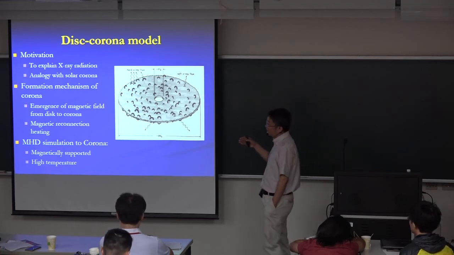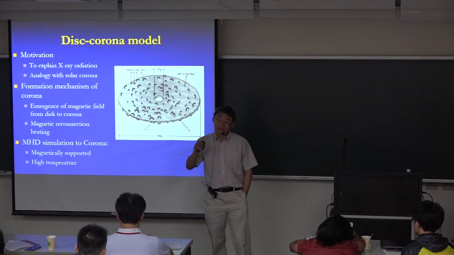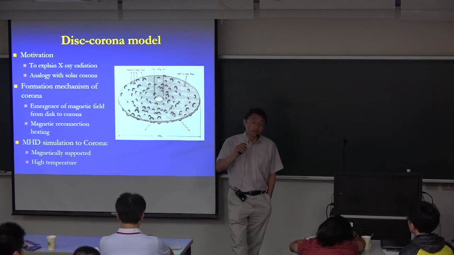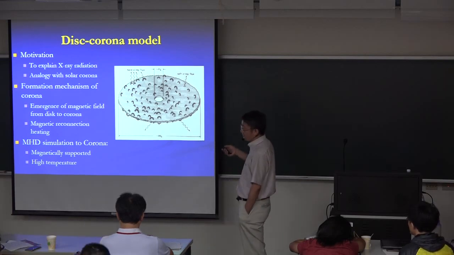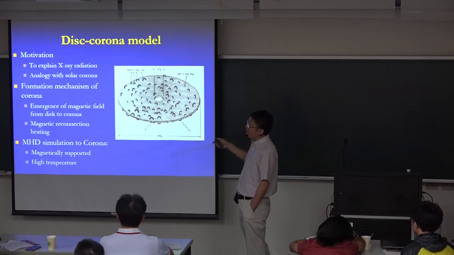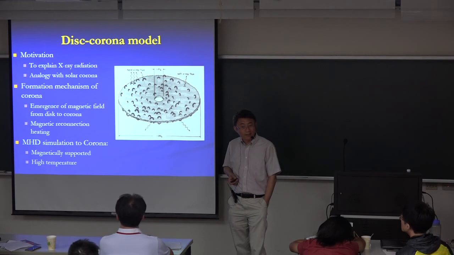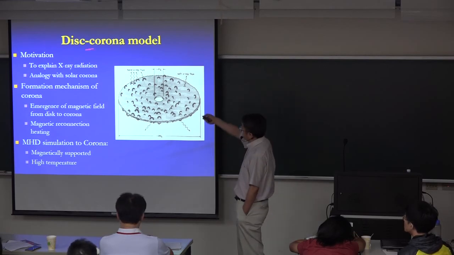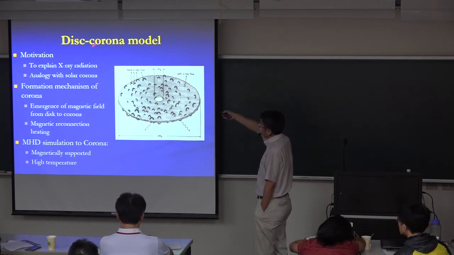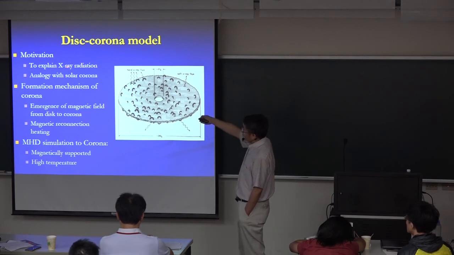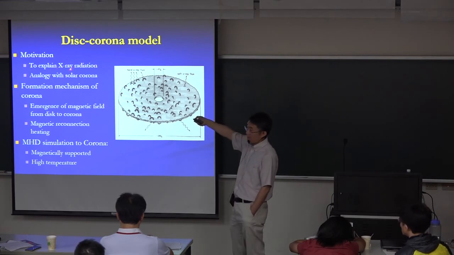The temperature of the solar corona is much, much higher than the chromosphere. So by analogy with the structure of the sun, people proposed this corona model, maybe in the 1970s. The purpose of this model is to try to explain the origin of X-ray radiation.